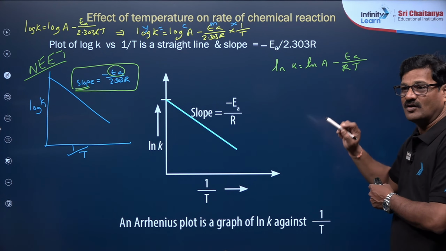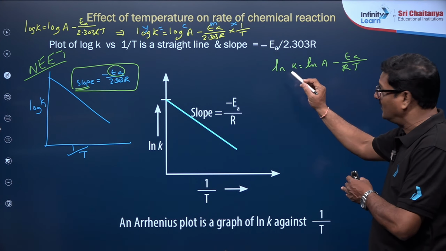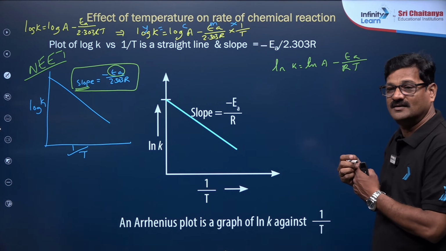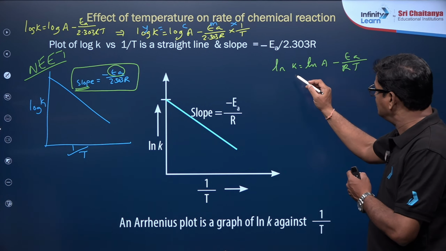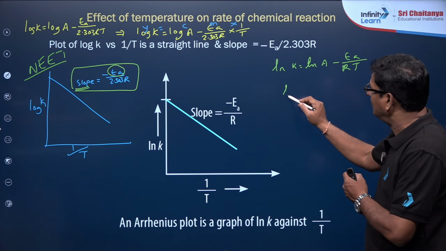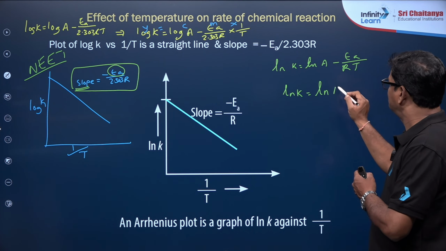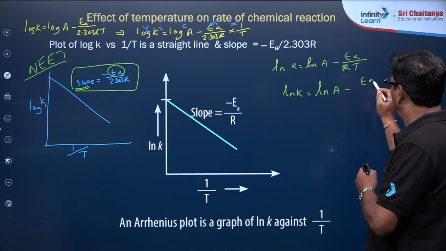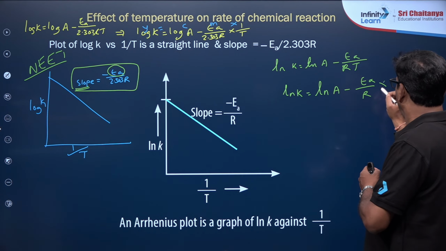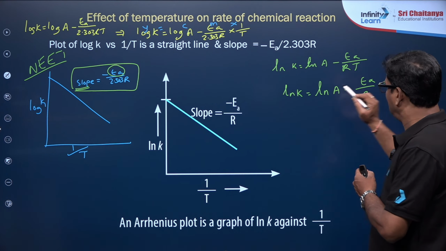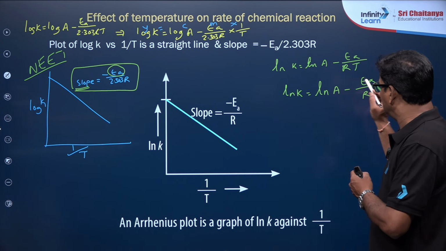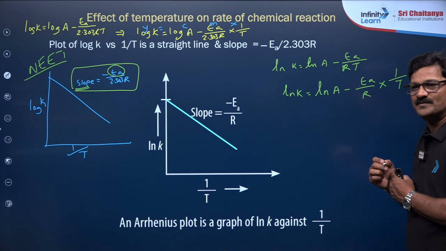This is a natural log. You can also say ln K is equal to ln A minus EA by R into 1 by T. The same, it is y is equal to mx plus c.